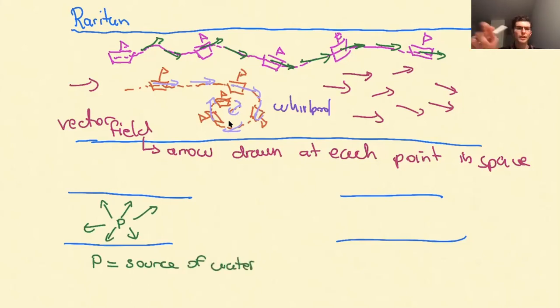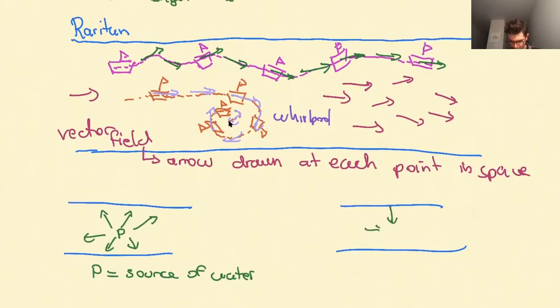But again, imagine the bathtub, just like the sink. So if you have something like this, we'll also learn ways to detect whether or not there are sources or sinks in a given fluid or vector field.